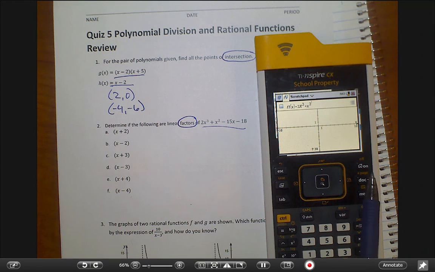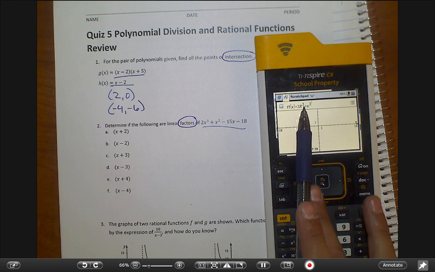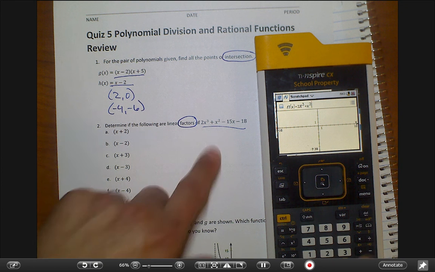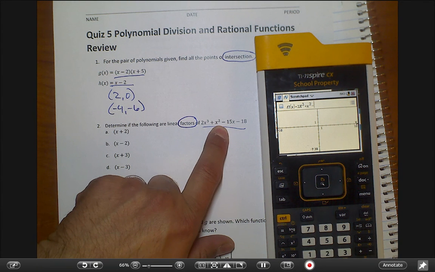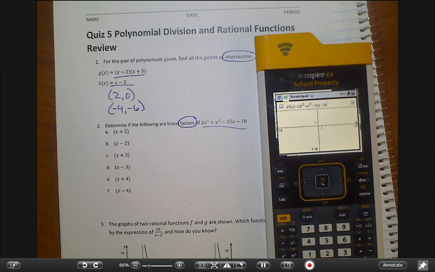Wait, did someone have a problem with the third? Is that what it is? Equation. How did I do that? 2x cubed.